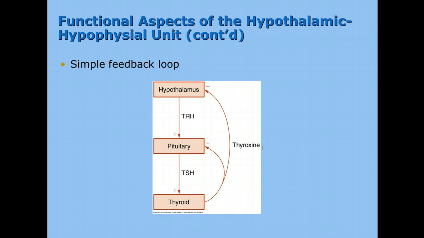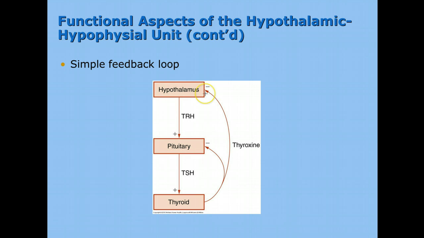into the bloodstream. Thyroxine is the main thyroid hormone that has a control over heat regulation, heart contractility, heart rate, and metabolism. So if there is enough thyroxine in the bloodstream or too much, it will then go and tell the hypothalamus, okay, there's enough.